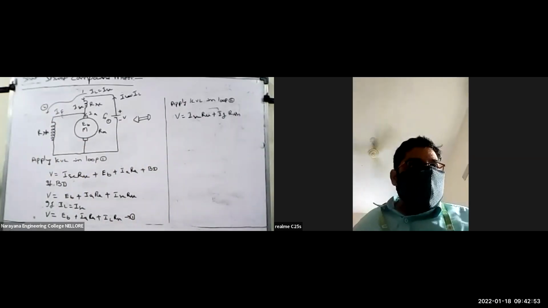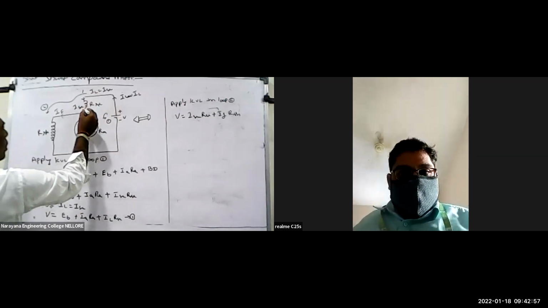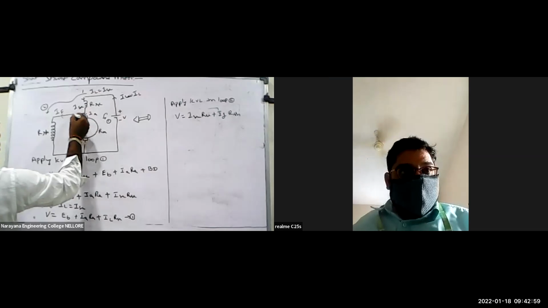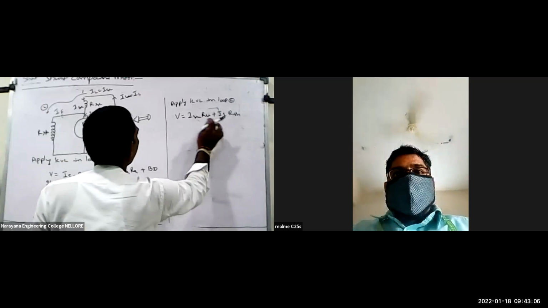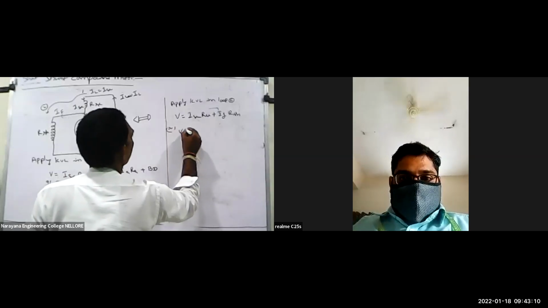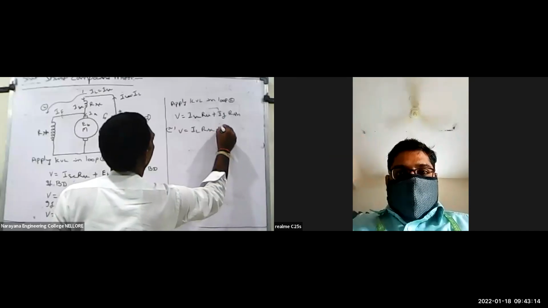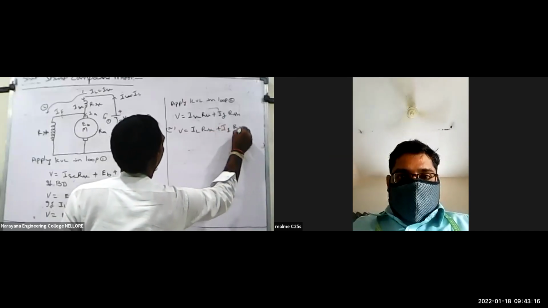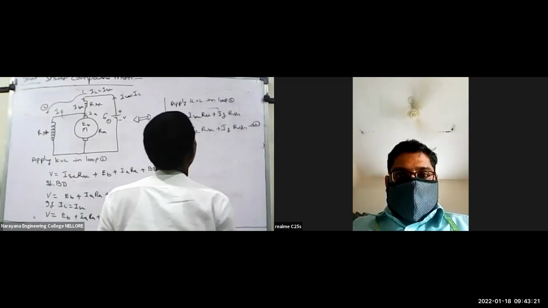There is no other equation here. V is equal to ISC into RSC and IF into RSH. Here ISC is equal to IL, so V is equal to IL into RSC plus IF into RSH. That is the equation number 2.